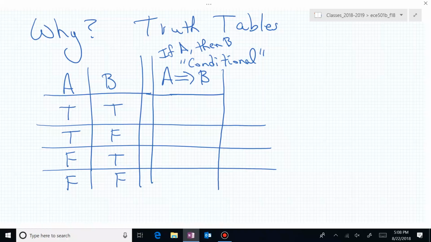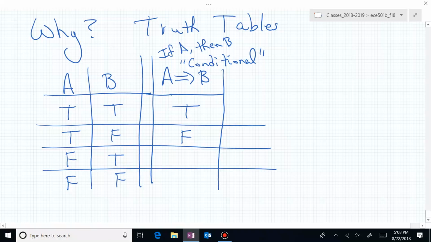If it rains today, then if I'm not lying, I'm going to go to the movies. So if A is true and B is true, then A implies B is true. If A is true, if it rains, and I don't go to the movies, I've lied, haven't I? So it's false.